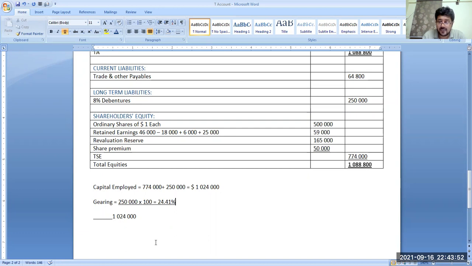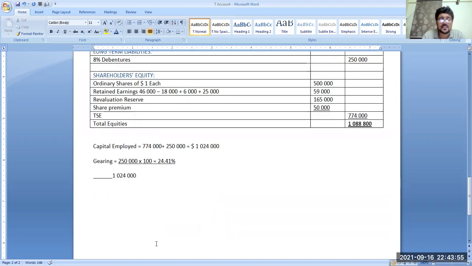Now, if you issue debentures, what will happen? Your capital employed would be 774,000, your shareholders equity, plus $1,250,000 debentures.